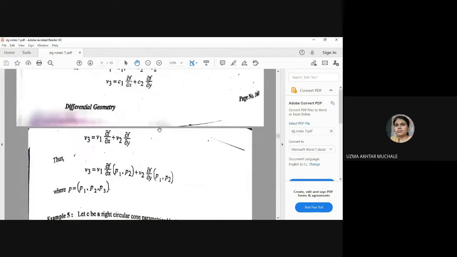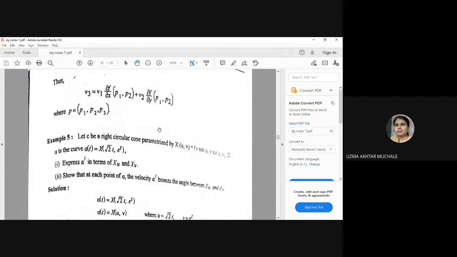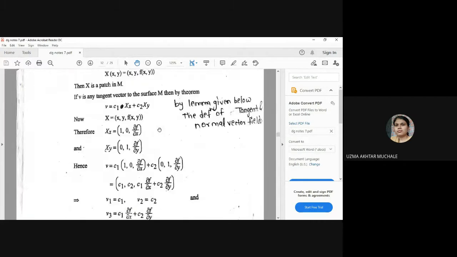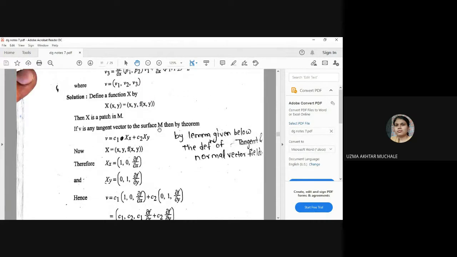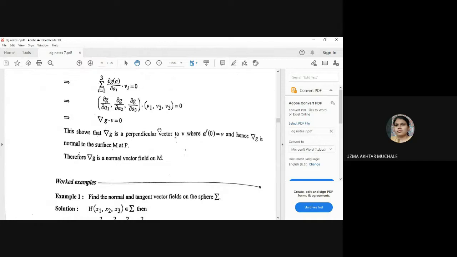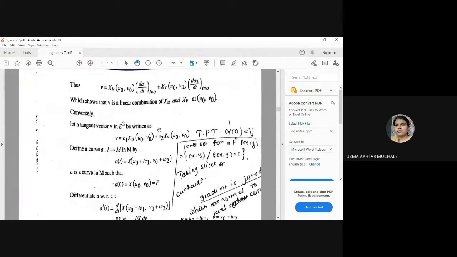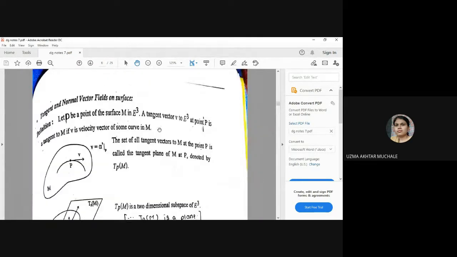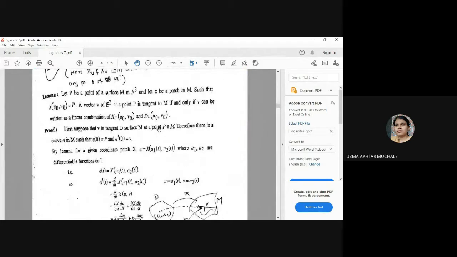So what do we have to prove here? This theorem we can prove very easily. We have to start with our last theorem, sorry, the lemma we have proved, that any vector v can be written as a linear combination of xu and xv. Let p be any point on the surface. With this point, we have to find one vector v.